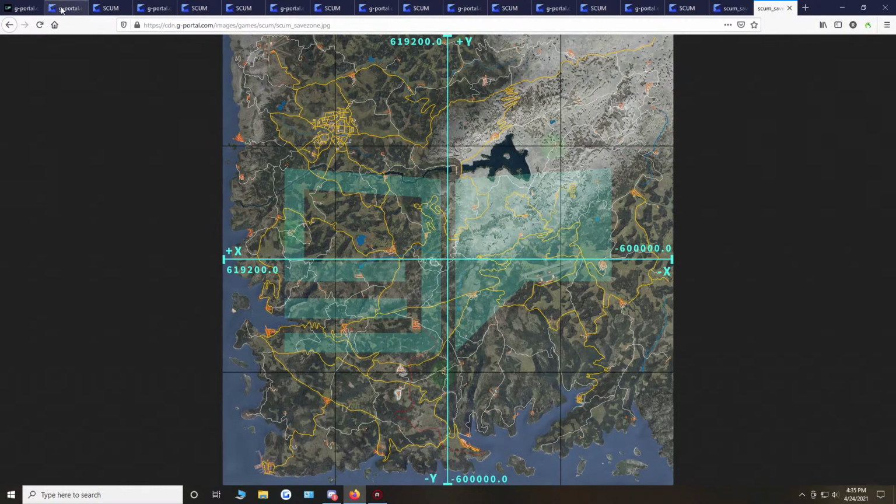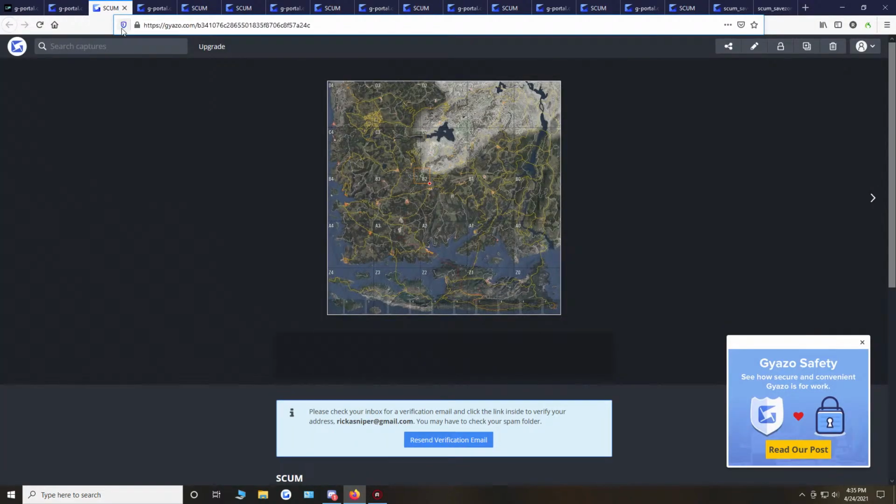If you look at the map and divide 600,000 by 1, 2, 3, 4, 5, it's about 120,000 for each sector. So if you want to move it over a sector, you go about 120,000, if my math is right, and that'll get this orange box over to here.